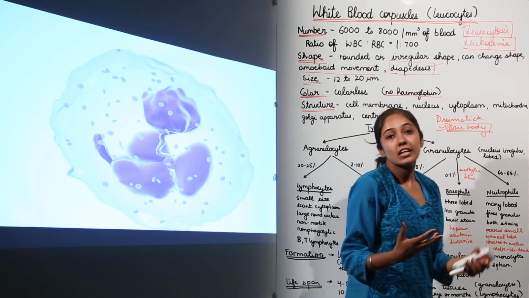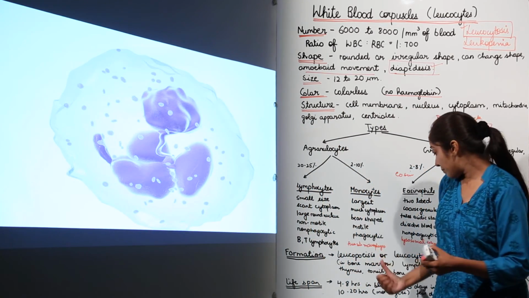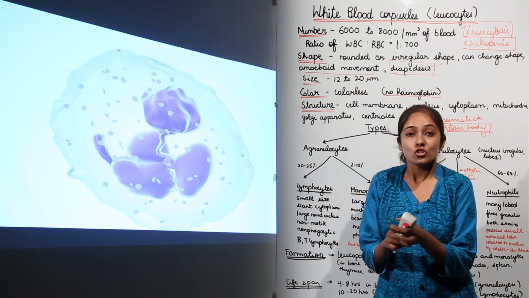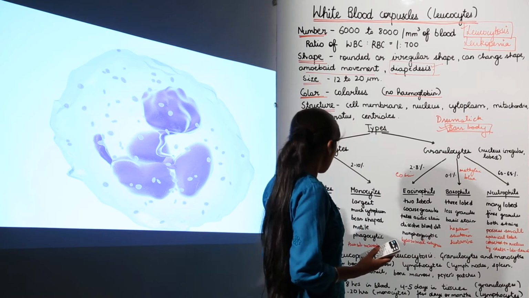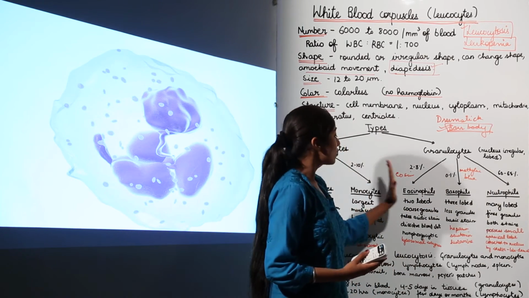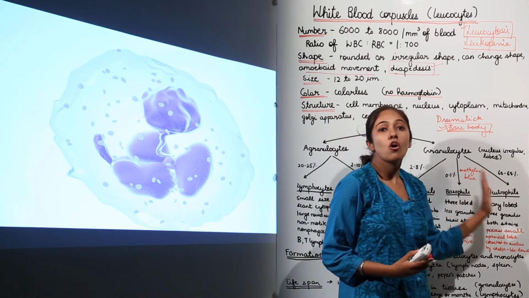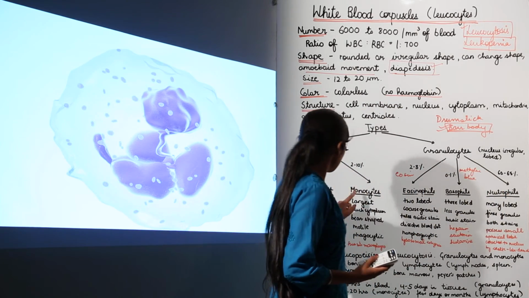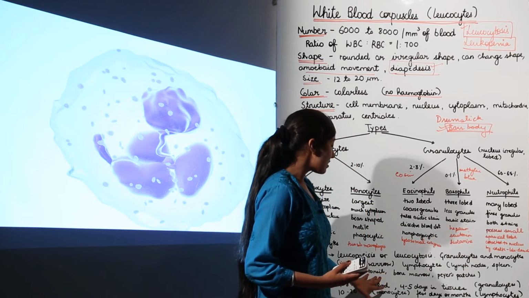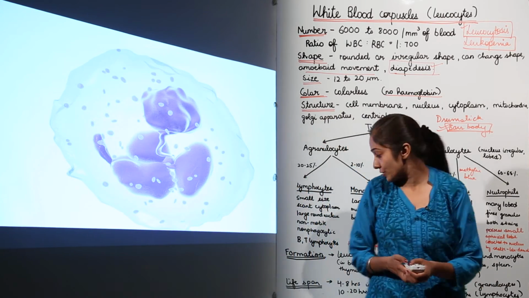These Peyer's patches are there in the small intestine. These Peyer's patches are actually clusters of lymphoid tissue in the small intestine. So, here the lymphocytes are formed. Remember that these four, monocytes, eosinophils, basophils, neutrophils, are formed in the bone marrow, while lymphocytes can form in the lymph nodes, spleen, thymus, tonsils, bone marrow and Peyer's patches.